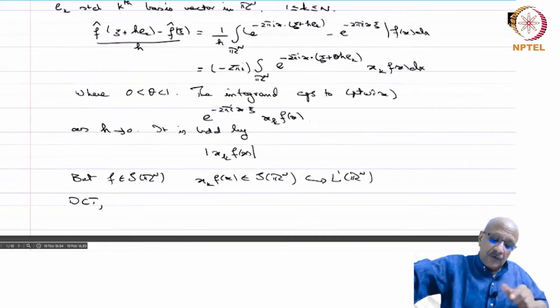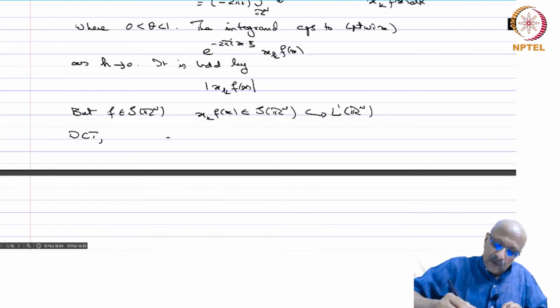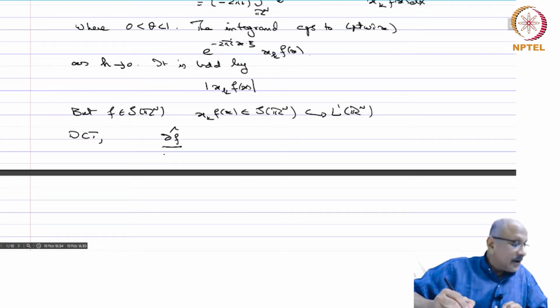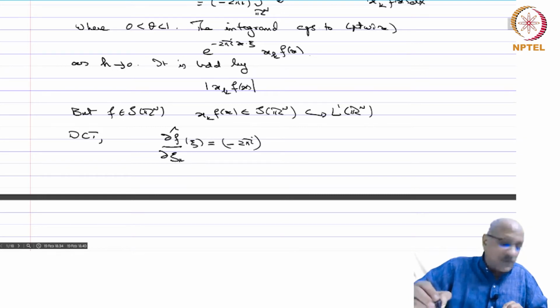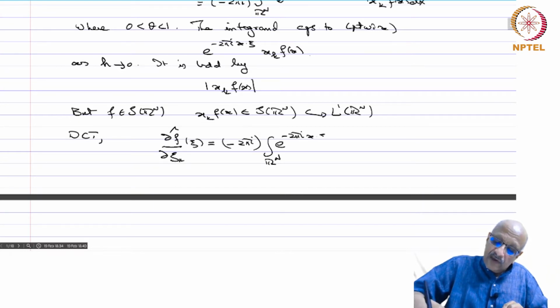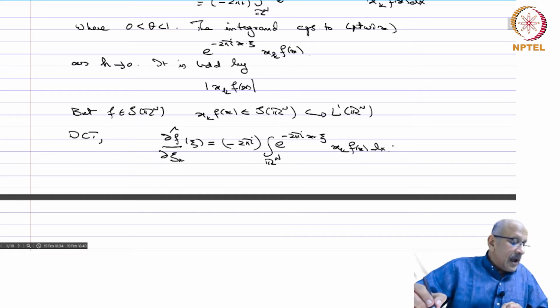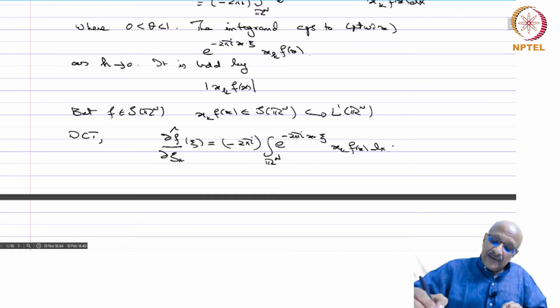the limit. If you take the limit on the left hand side, that will give you d f hat by d xi k evaluated at xi, that is equal to minus 2 pi i times integral over Rn of e power minus 2 pi i x dot xi xk f of x dx. And xk f of x, as we already saw, belongs to S, so that's in L1.